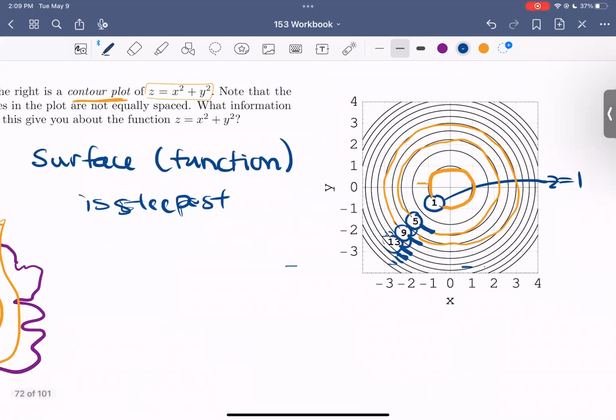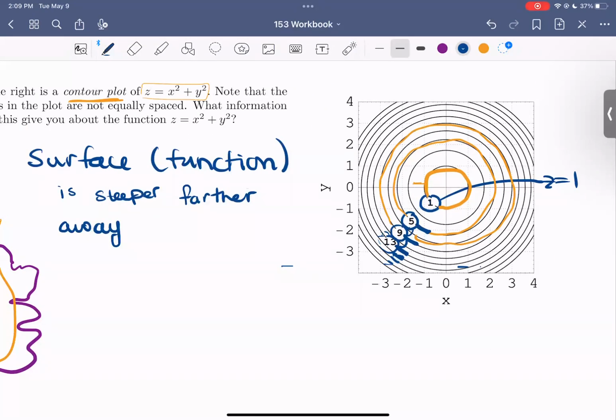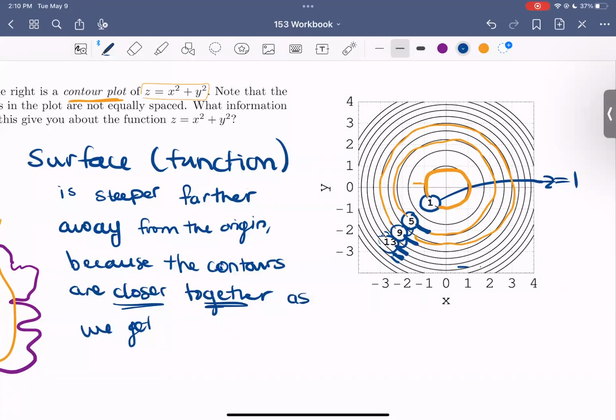So the surface is steepest farther away from the origin, because the contours are closer together as we get further from the origin.